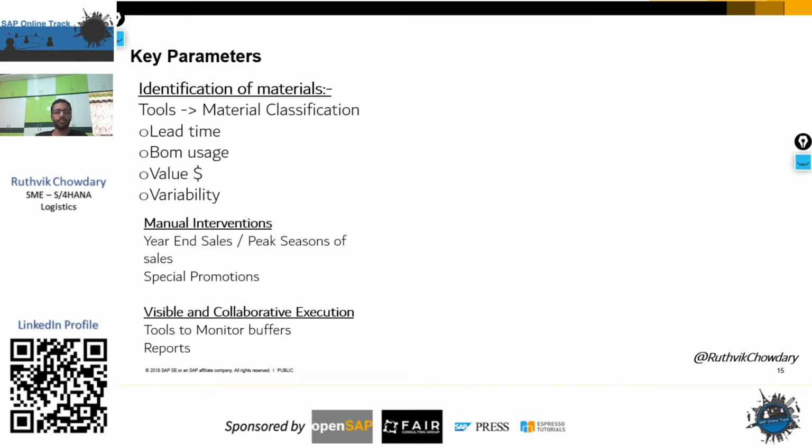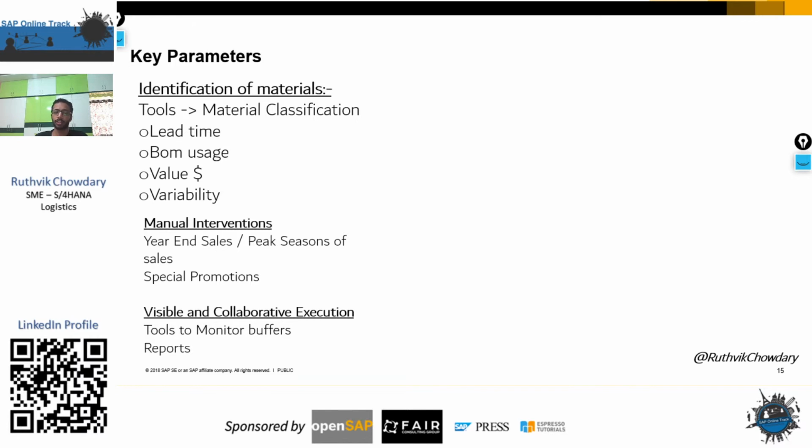For example, an electronics company working in the US or Europe region will have a Christmas sale and New Year sale in the month of December. So seasonal sales, promotional sales, or any special promotions, at those times we have to manually tell the system, because the materials have been classified based on your historic run.